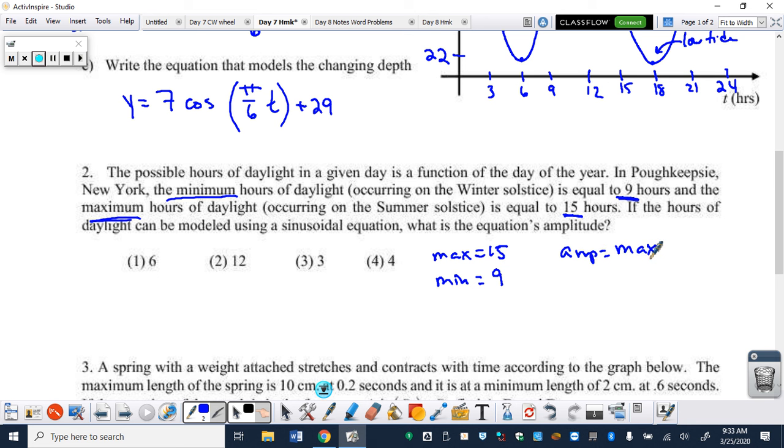Amplitude is max minus the min divided by 2. So 15 minus 9 divided by 2 is 3. The amplitude is choice 3.